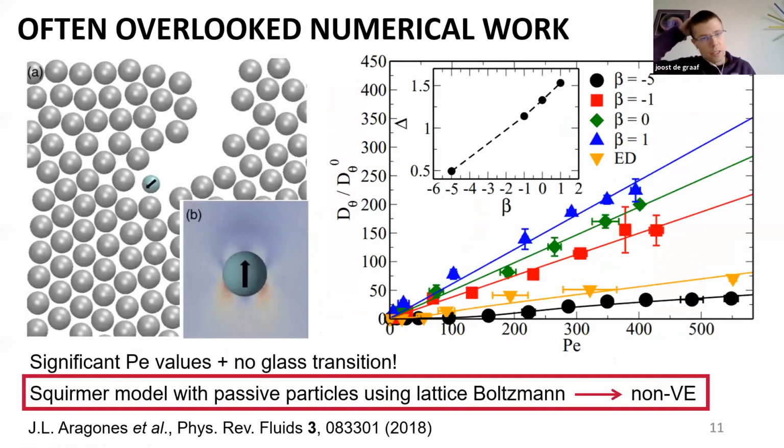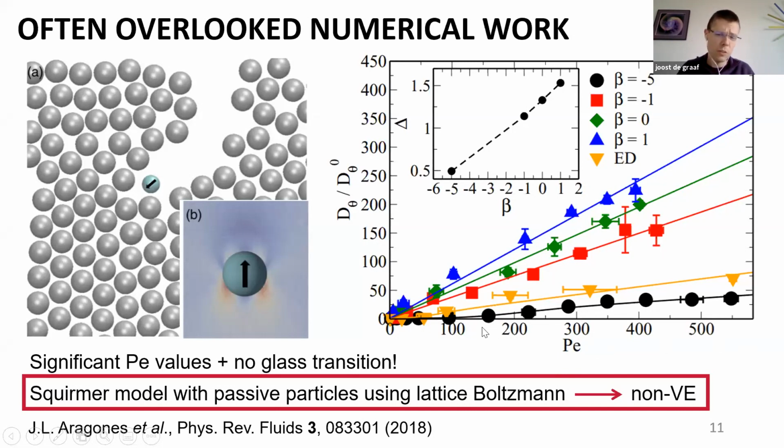Okay. And then another thing which I wanted to point out is this study in the group of Katz at MIT, where they took just uniform spheres and a squirmer model, which is a simple form of self-propelled particle, where the entire flow field around it is modeled. And they observed that even in this system, you get a rather significant rotational diffusion enhancement. And here they write down the Peclet number, which is the amount of self-propulsion.